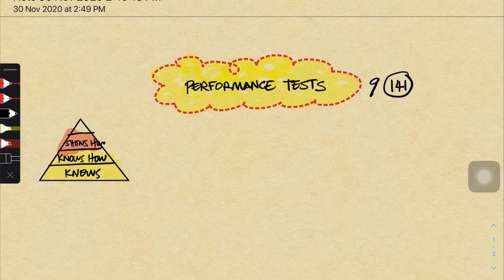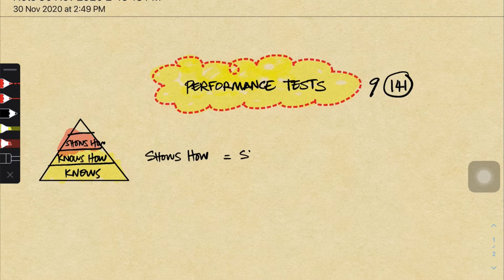Why is it called shows how? Because there's this element, as mentioned in the book, the performance. Now you're going into performance.